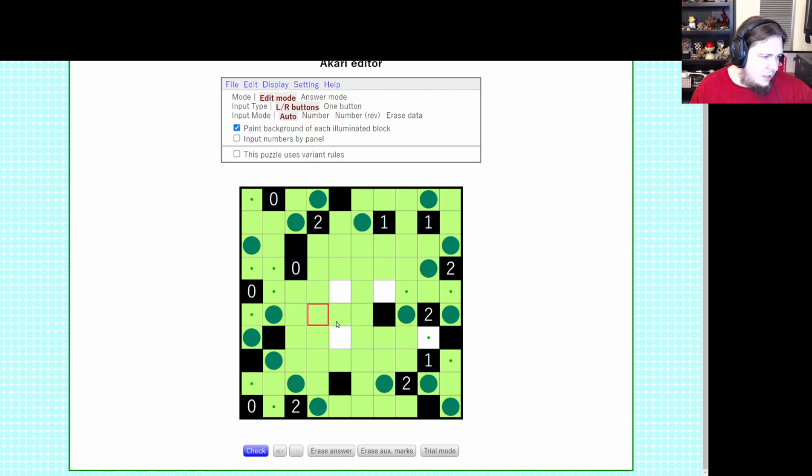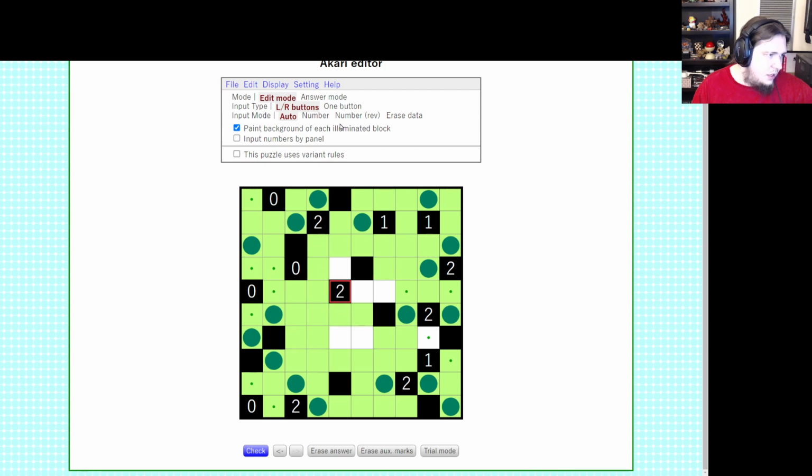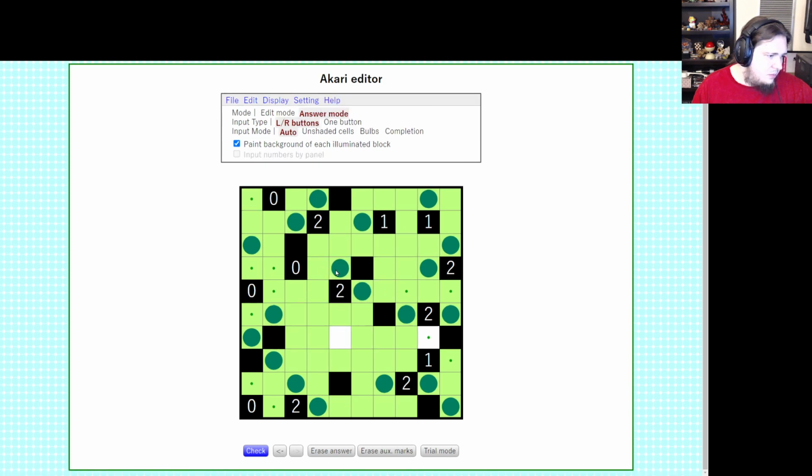Maybe I want this light bulb to infer something in the middle. I'm trying to think of a good way to do that. Maybe we could just have a 2 here, and then we will have to put 2 light bulbs there, and then maybe this is where the final light bulb goes to illuminate that one.